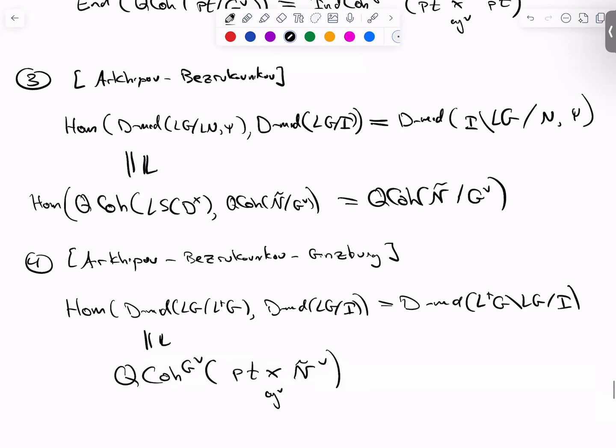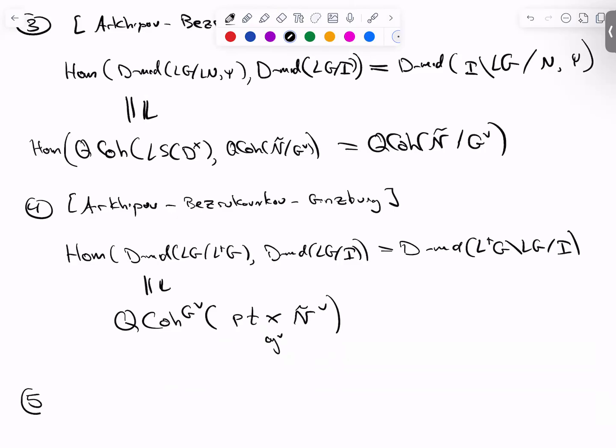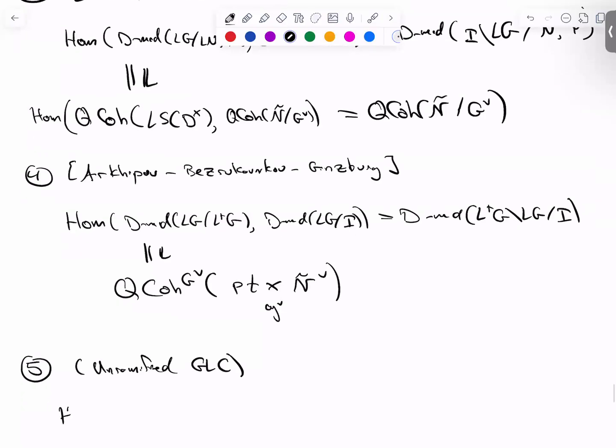And maybe just the very last thing I'll say is you can also fit in the global unramified geometric Langlands, which was just proven, into this framework. Here, what you do is take D-mod of BunG with infinite level structure.